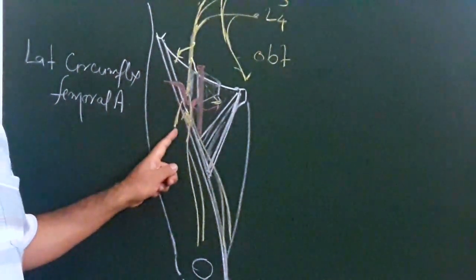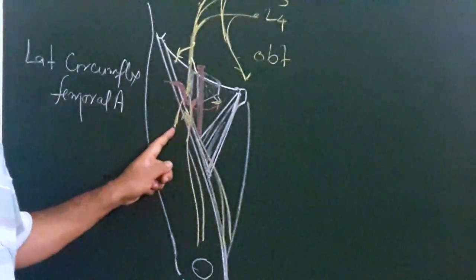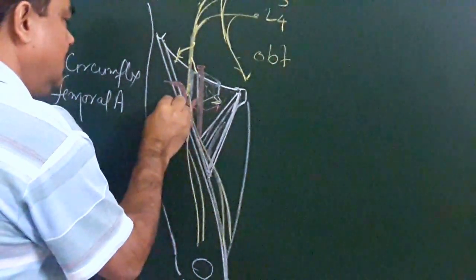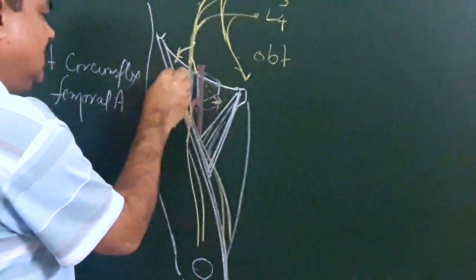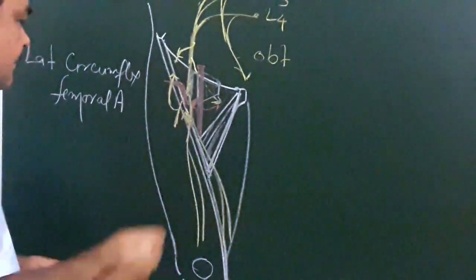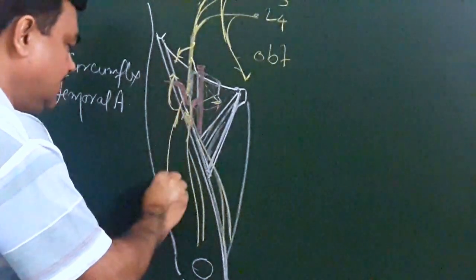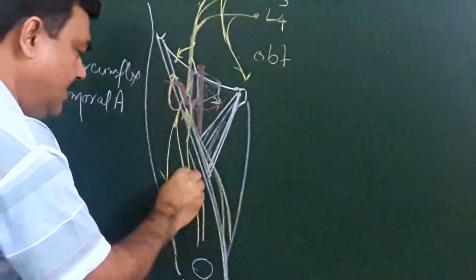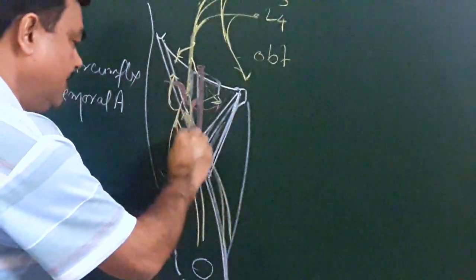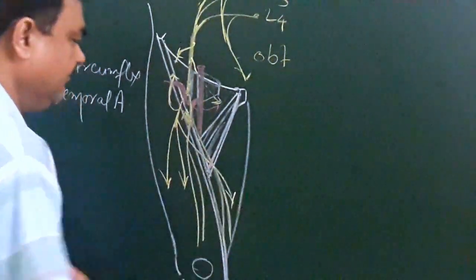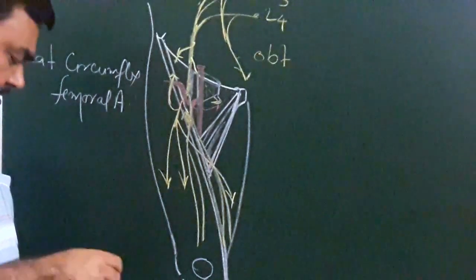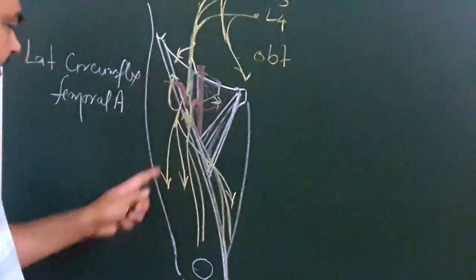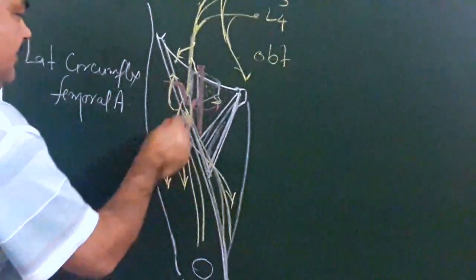The posterior division gives muscular branches: nerve to rectus femoris, nerve to vastus lateralis, nerve to vastus intermedius, nerve to vastus medialis. So it gives 3 branches here and 1 branch here.